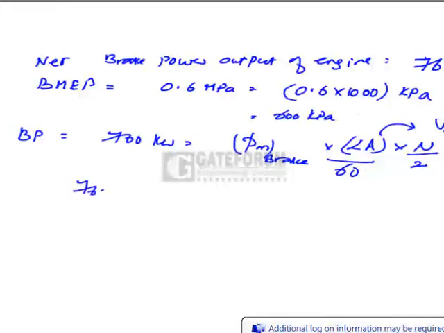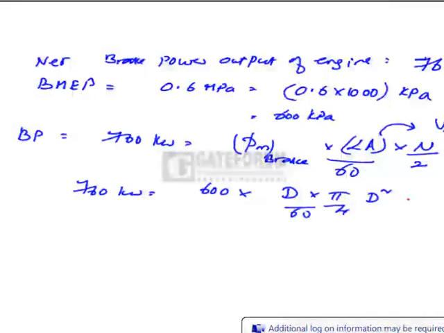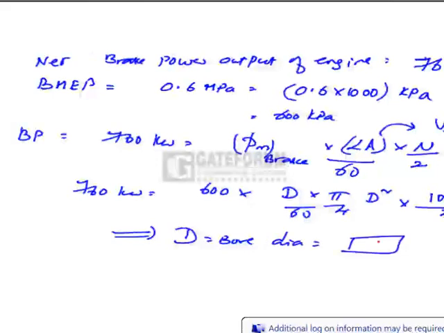That is 760 kilowatts is equal to 600 into pi by 4 D square L, with L by D ratio given, divided by 60 into N. RPM is given as 1000 by 2 and 6 cylinders, from which we can get the bore diameter in meters, and the stroke length of the engine.